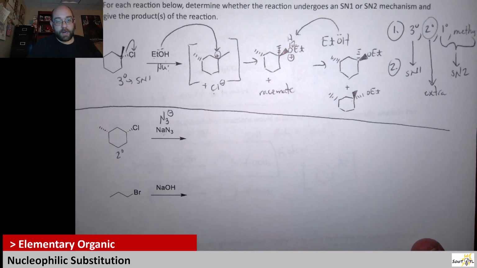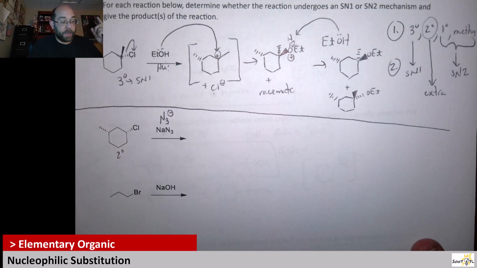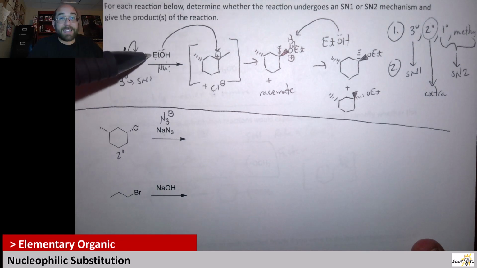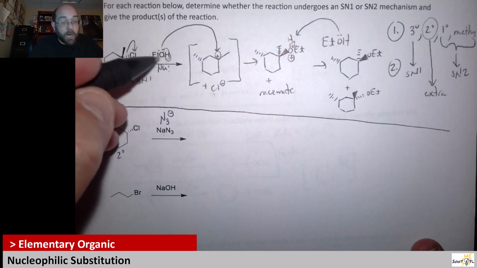Now, in this case, if your nucleophile is a part of an ionic compound, it's doing substitution, it's going to prefer to do the SN2. If it's going to be SN1, you want something like this. The solvent here was what we call a polar protic solvent. So it's protic, right? It has a proton on an oxygen.